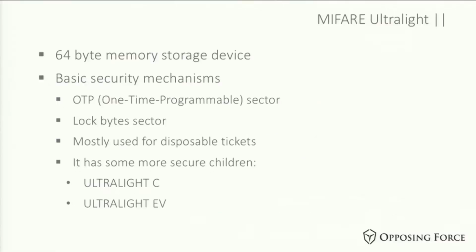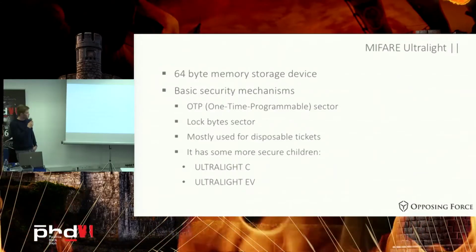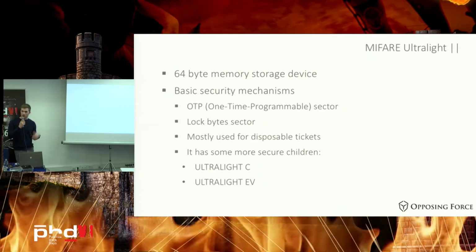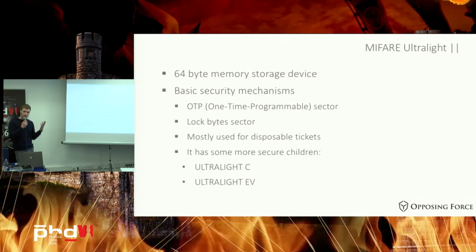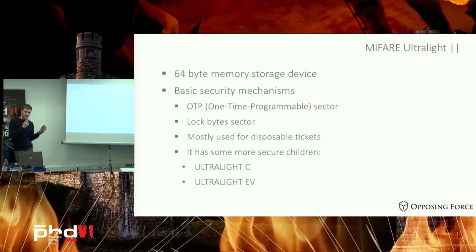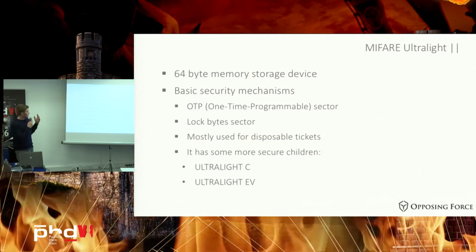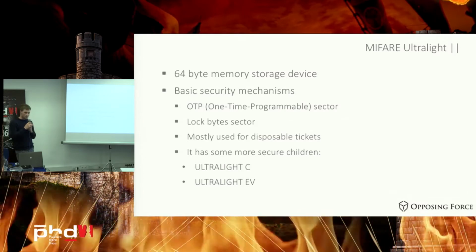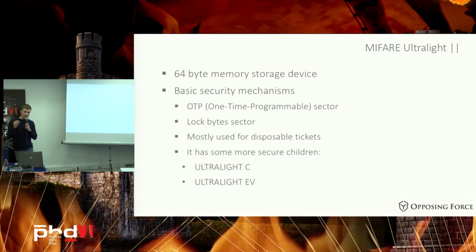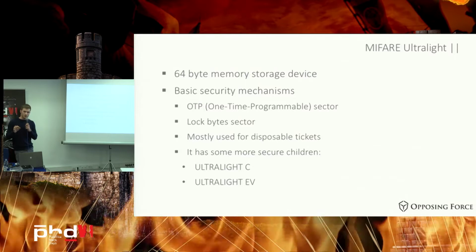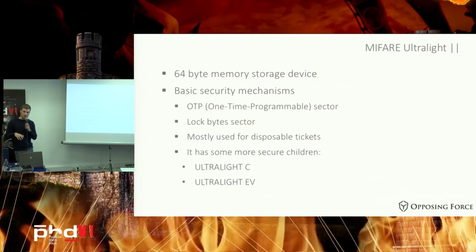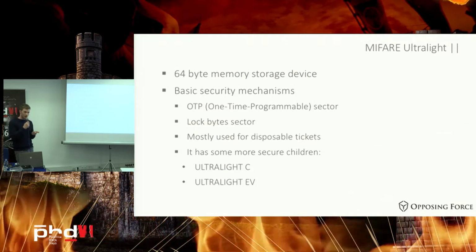Then we have some basic security mechanisms. We have the OTP, which is a sector you can program just once. So if you turn some of the zeros in this sector to 1, you can't turn them back to zeros, theoretically. Then we have the lock byte sector, which is used to set some of the other sectors in some sort of read-only mode, so you can't write on those sectors.